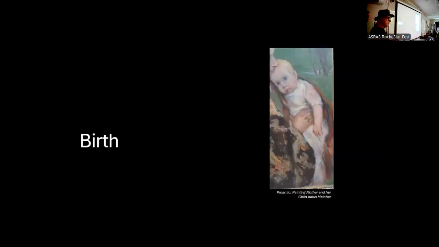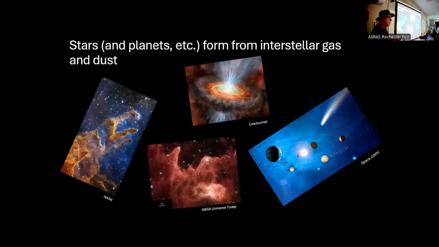So let's talk about the birth of stars first. Stars and planets are formed from interstellar gas and dust from the very beginning of the universe. If you look at the various forms of interstellar gas, these are star-forming regions.